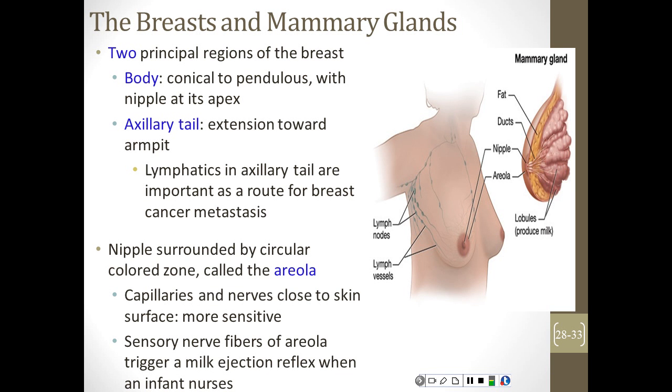And also, you do have some hairs that you may find in the areolar region and some glands, which are intermediate between the sweat glands and the mammary glands. So when a woman is nursing, secretions of the areolar glands and the sebaceous glands protect the areola and the nipples from chapping.